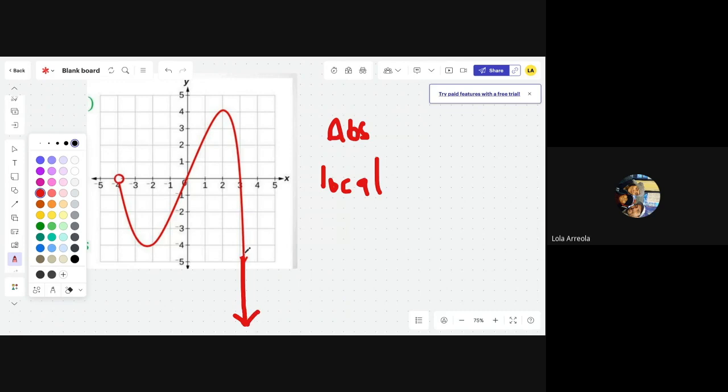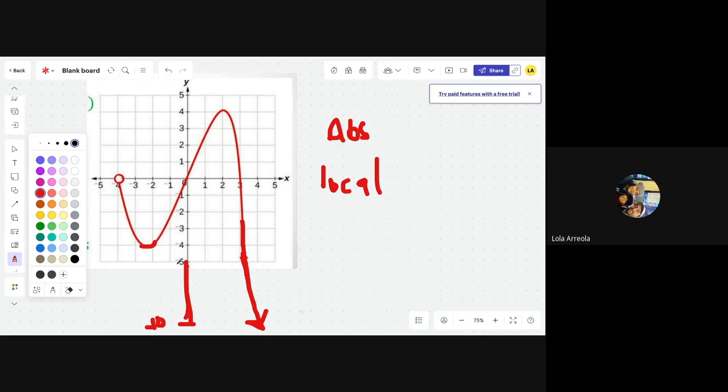Because that graph is still going down. Again, I look at the domain and range. Actually, it's going like this, slowly, this way. So it's a local min because although this is a small hill, it's still not my smallest value of the graph, because my graph is extending even lower than -10.